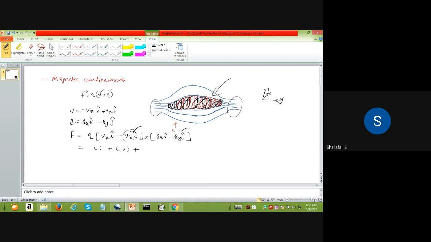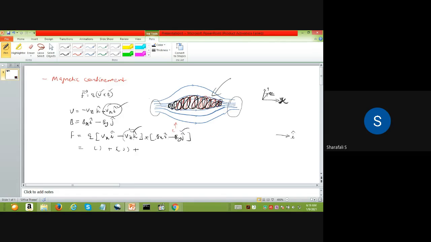We have to consider that i. Why do we have to consider i? Because our velocity is in that X direction. Sorry, this is X, and this is my Z. So that velocity in that X direction, which is denoted by this i cap, positive X direction, we have to consider.